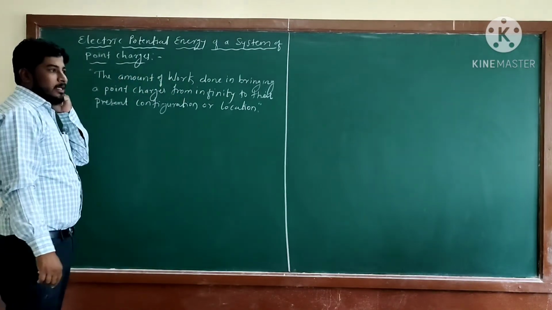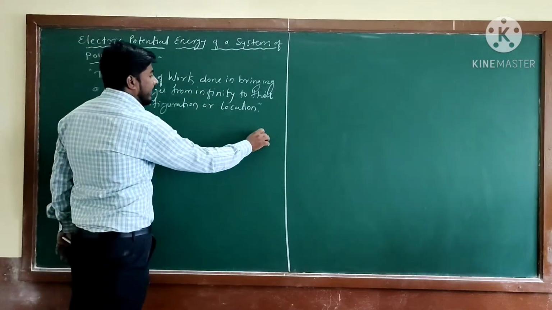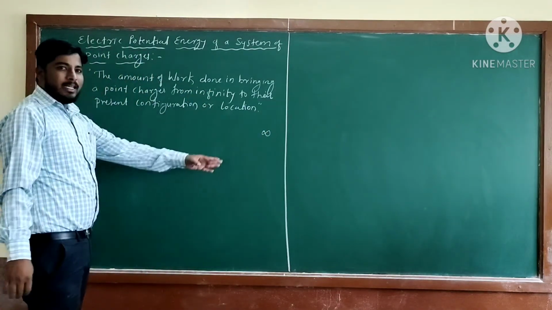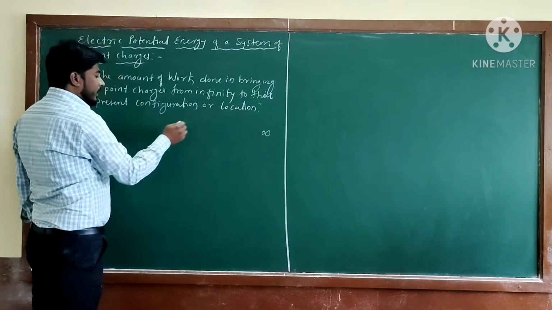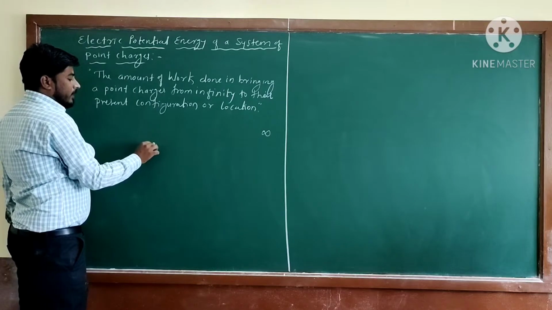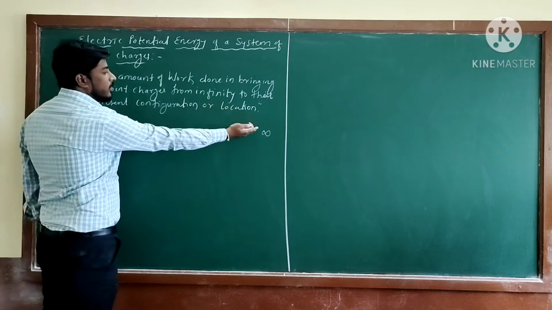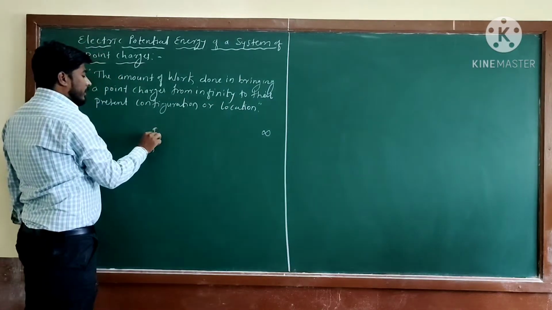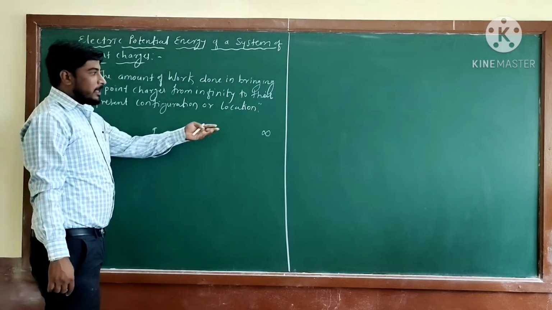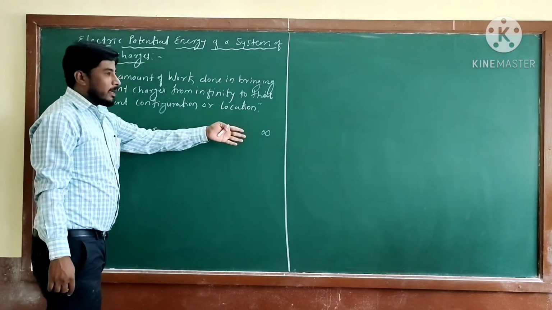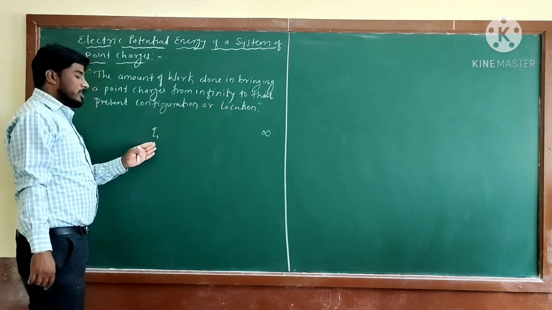Suppose that the charge is present somewhere at infinity, and I want to move the charge from infinity to this point, say A. I will move this charge Q1 from infinity to this point. So I have brought a charge Q1 from infinity to this position.